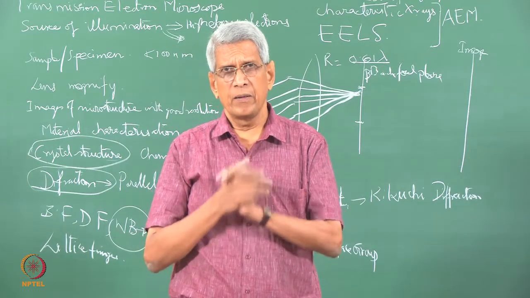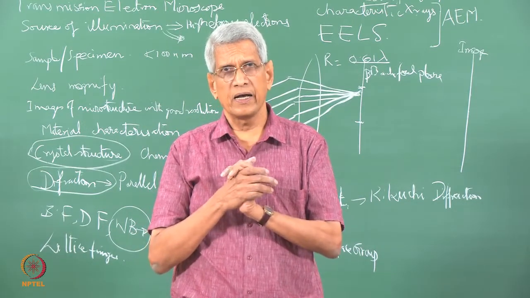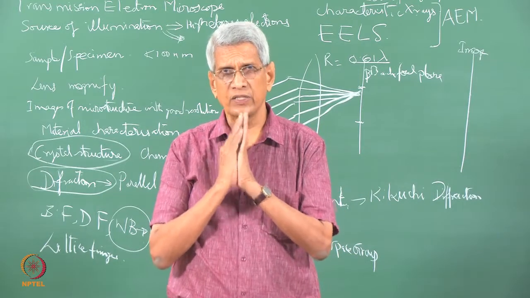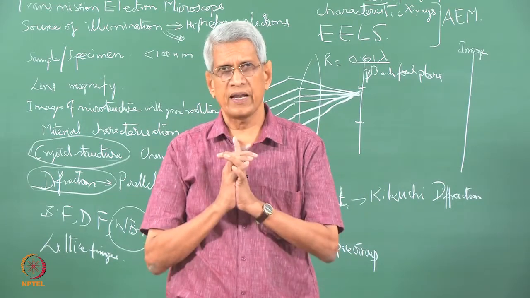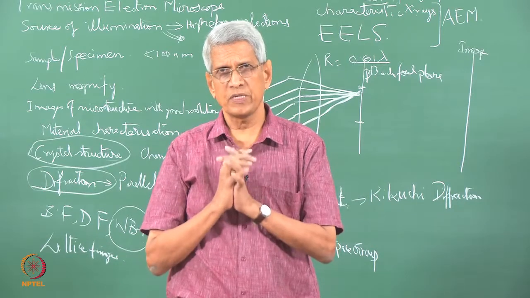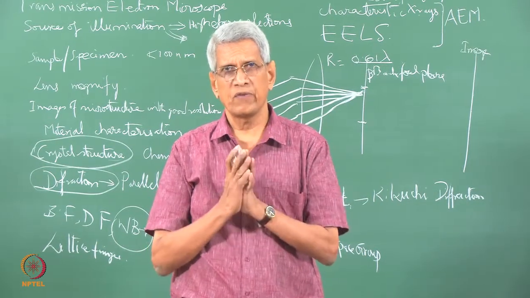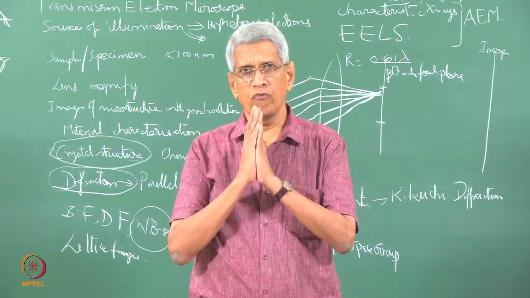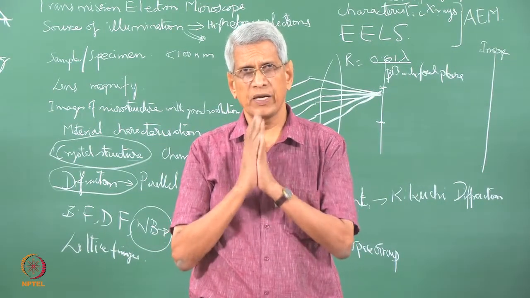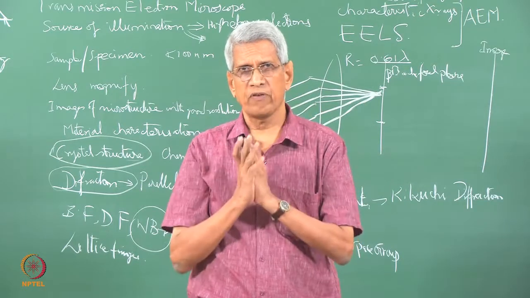But in the case of HCP, only along one direction, along the C direction, the six-fold symmetry is exhibited, whereas in the case of FCC, in the diffraction pattern, along four directions in the crystal we will get this sort of a pattern.